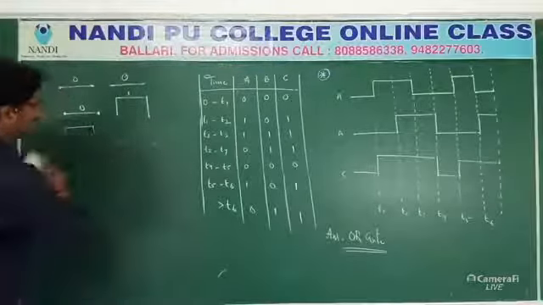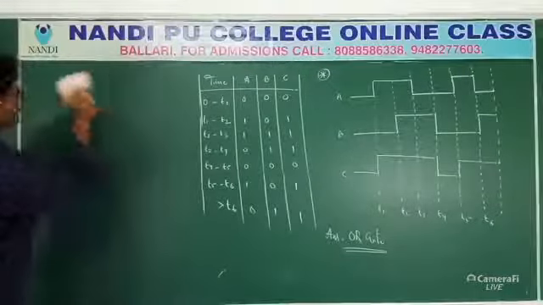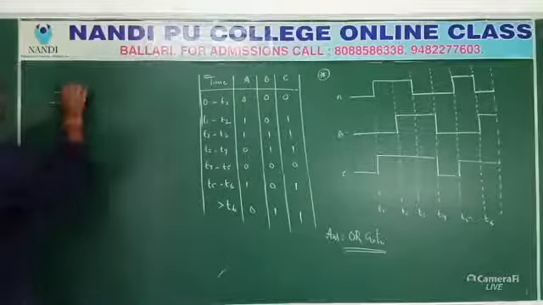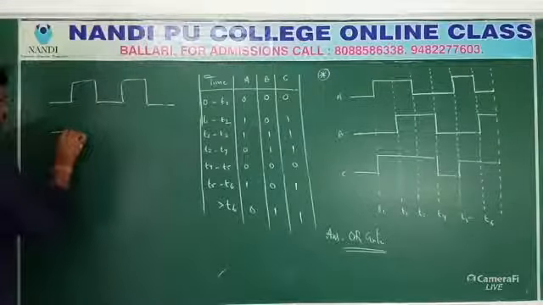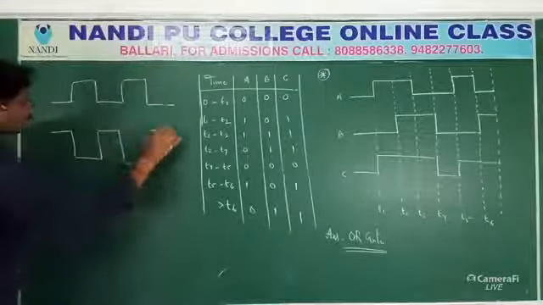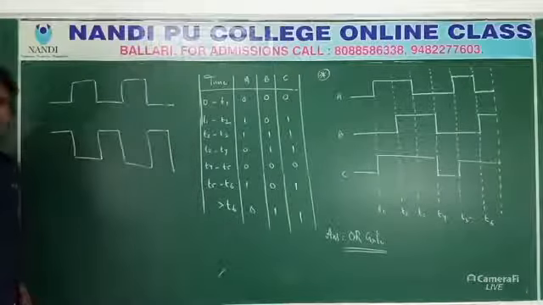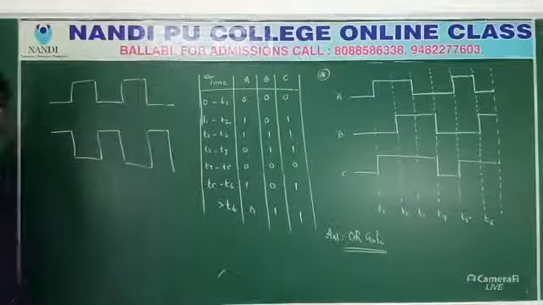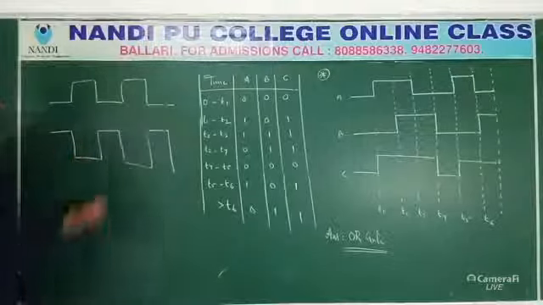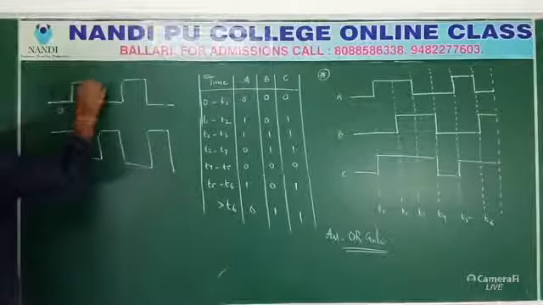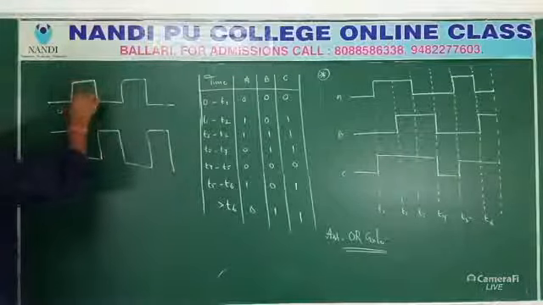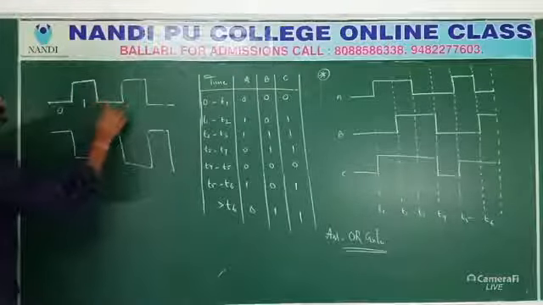Okay. I will tell you one more thing, one example. This is one curve. This is another curve. Tell me the values. These two are the inputs. How? Initially 0. Rising value means 1. Again it is getting down, 0.